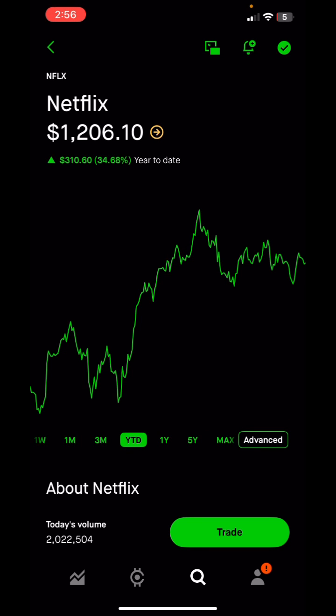The year to date. So with January, February, March, April, May, June, July, August, September, October. So year to date, 10 months, it went up $310. So that's 10 months.